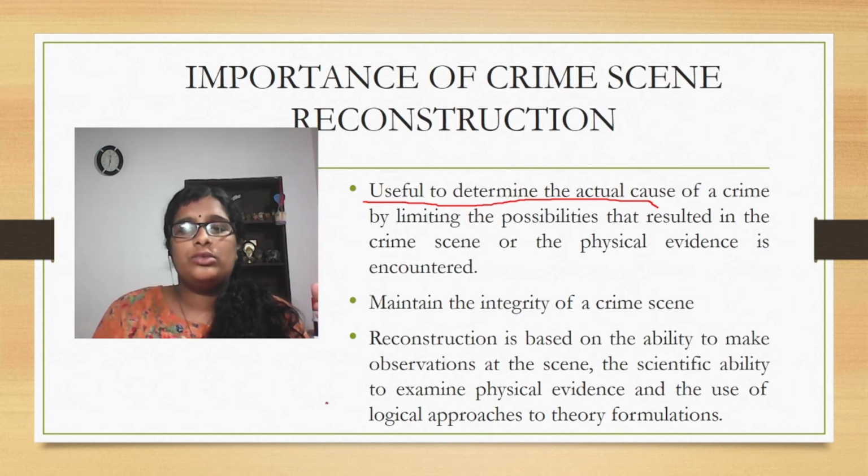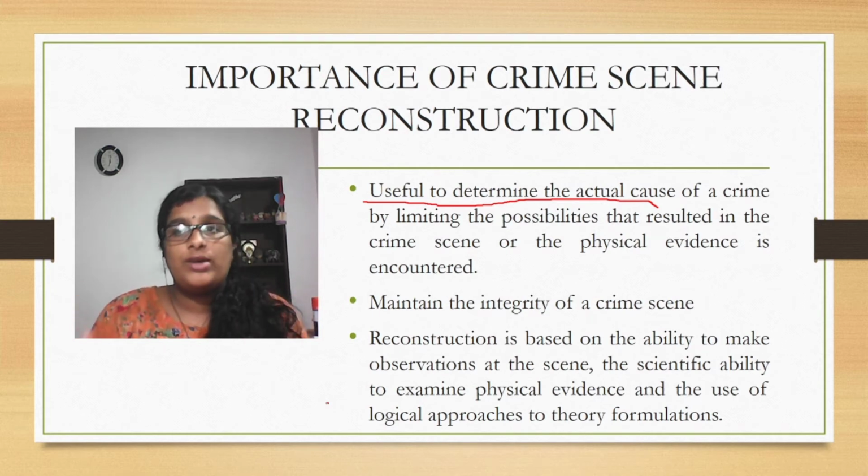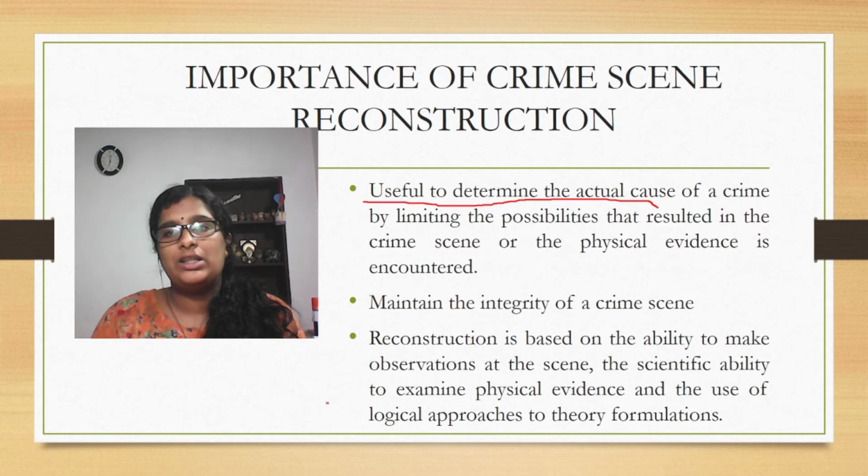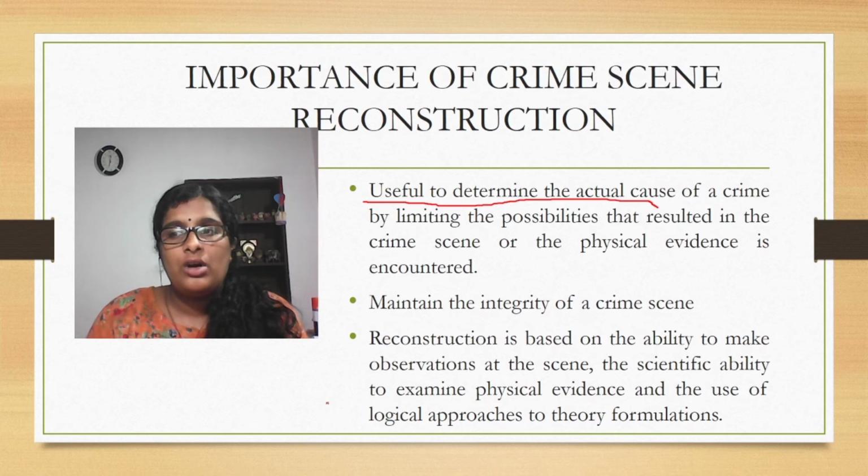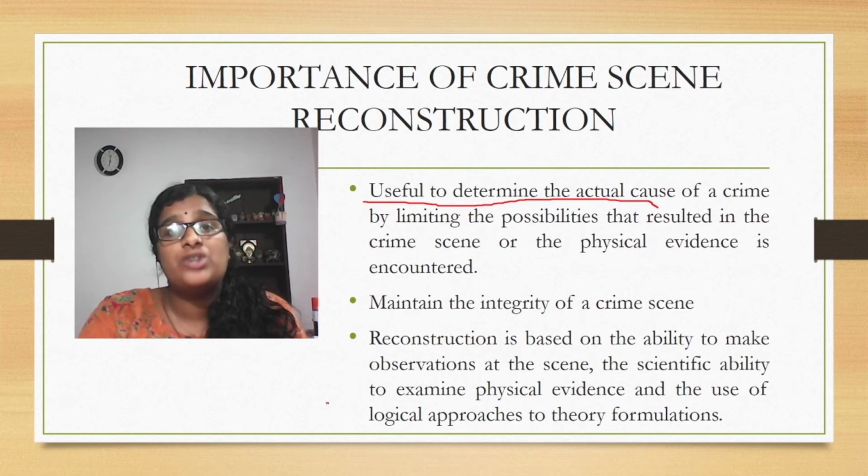and maybe this physical evidence is not so essential for linking things, but from the experience of the investigating officer, his scientific ability to examine the physical evidence, or his ability to make keen observations at the scene of crime, the investigating officer can link all those things and find out the actual cause of the crime by reconstructing the crime scene.